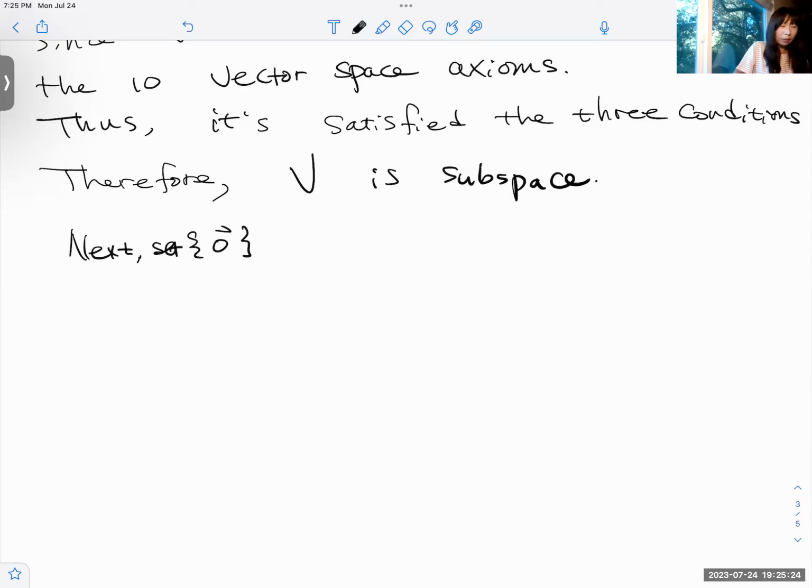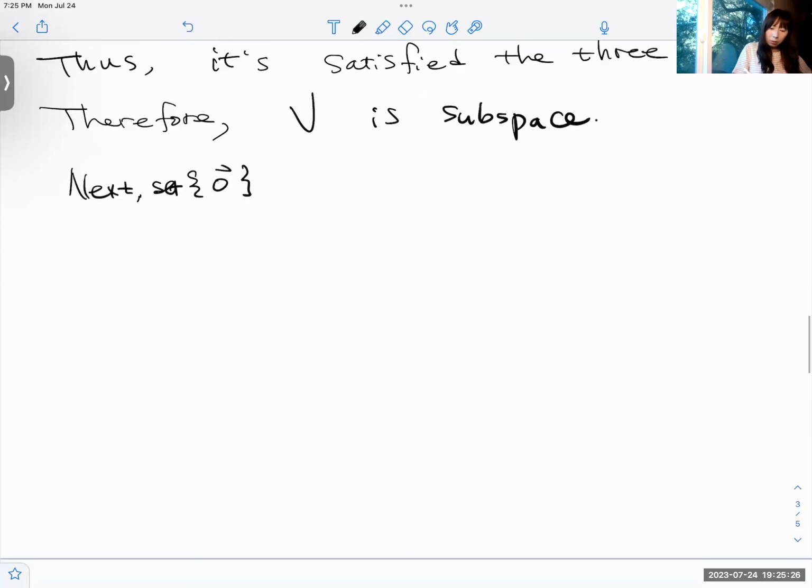The first condition: 0 is in the set of the zero vector, so it's satisfied.